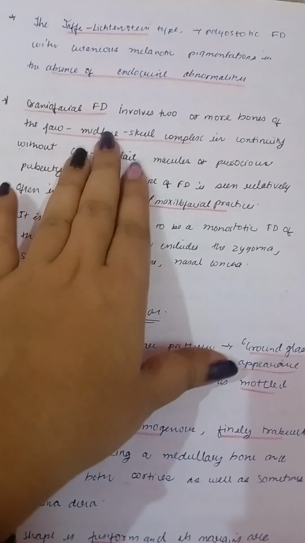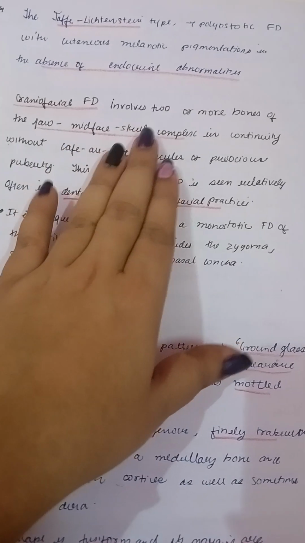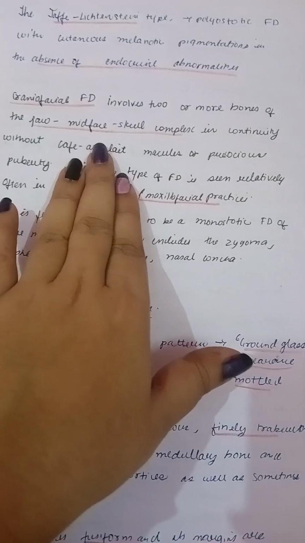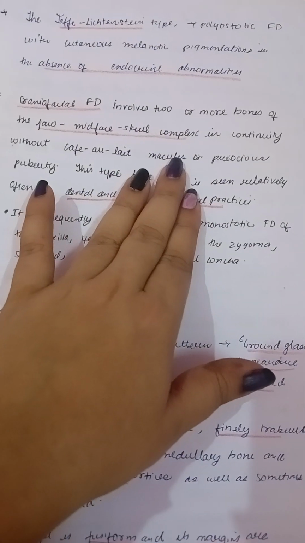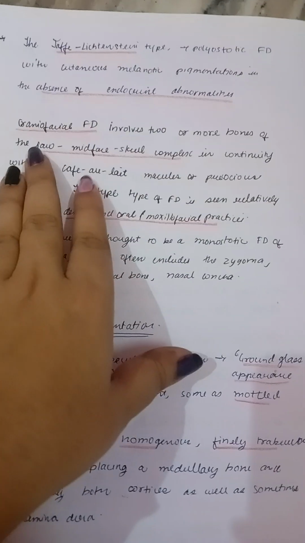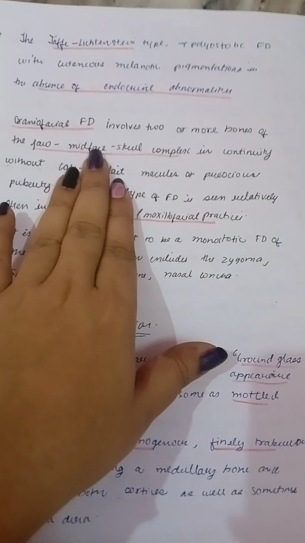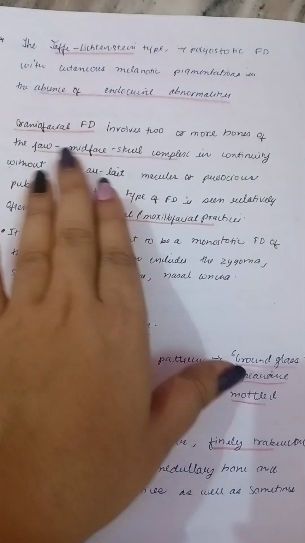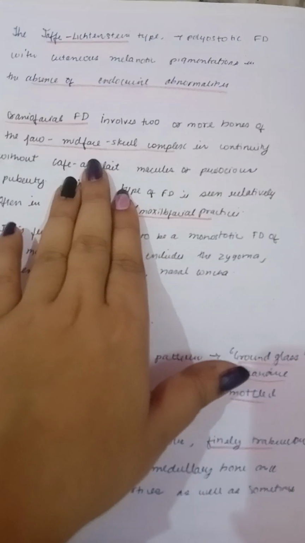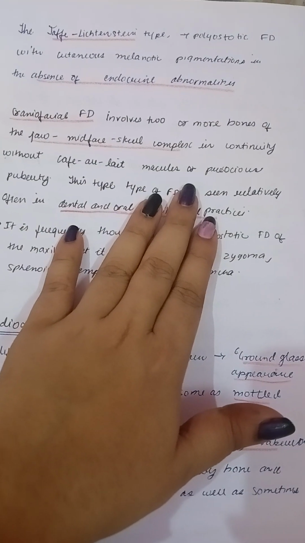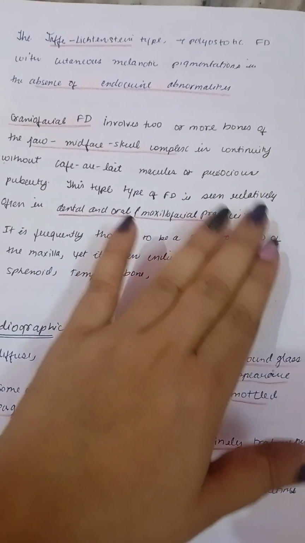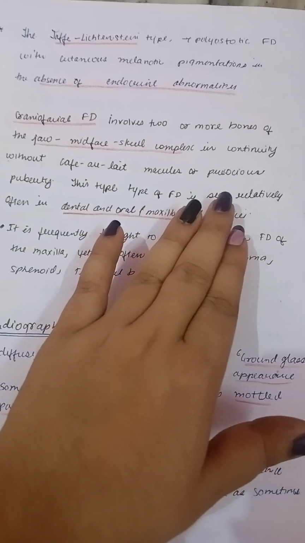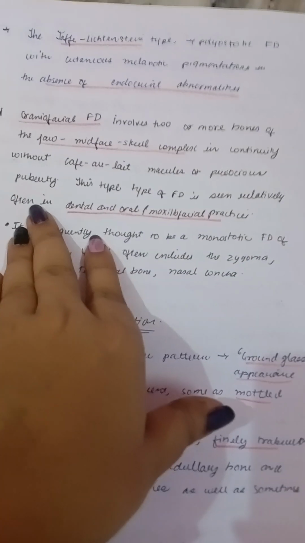Coming to craniofacial fibrous dysplasia, it involves 2 or more bones of the jaw, midface, skull complex. Once again, craniofacial fibrous dysplasia involves 2 or more bones of the jaw, midface, skull complex in continuity, without Jaffe-Lichtenstein macules or precocious puberty.